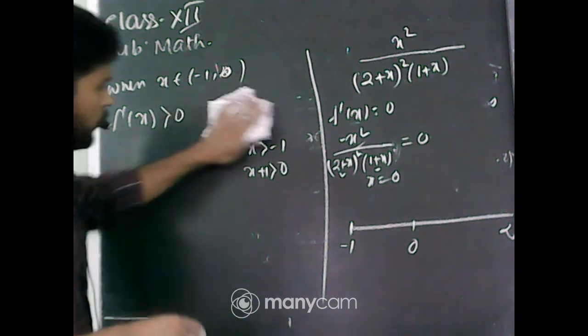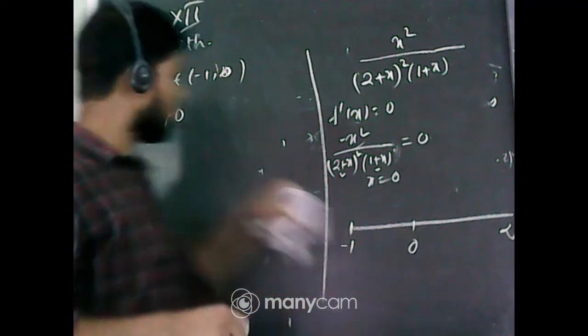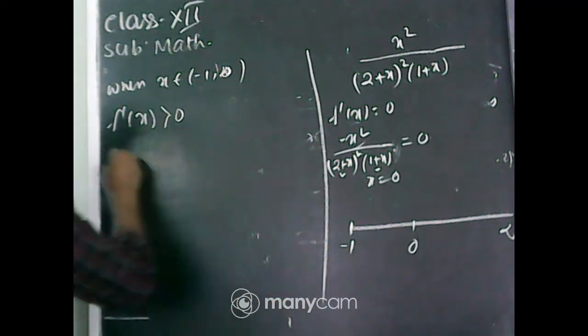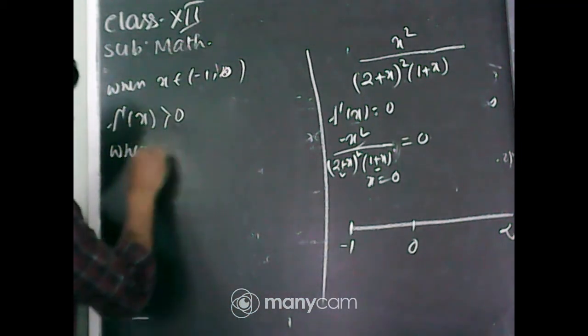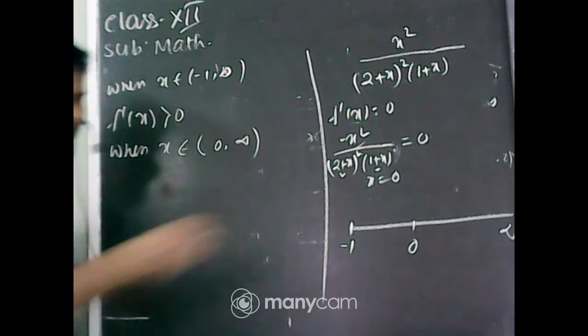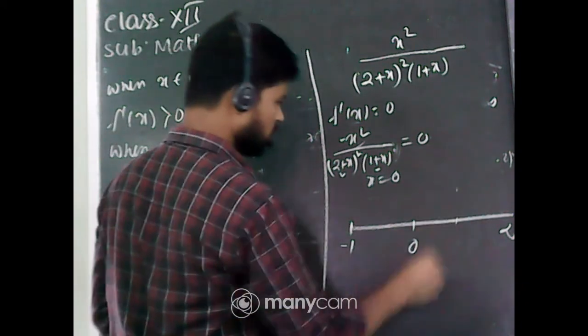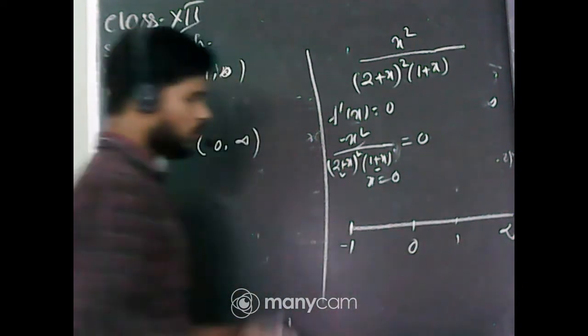Okay, now we'll check on the interval 0 to infinity what is the nature of f dash x. Now when x belongs to 0 to infinity, take any point of x in this interval, suppose x equal to 1.